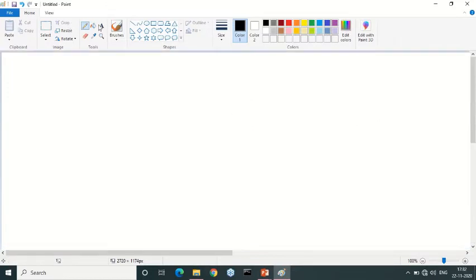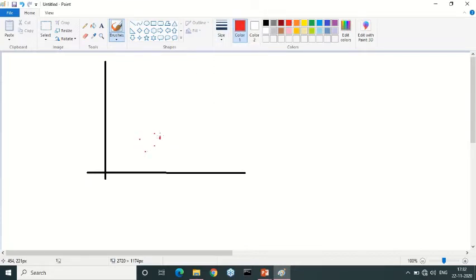Now let's take a normal plot for the regression equation. Let's say I am marking my points over here. These red dots are the original values. This blue line is the regression line formed by the model.